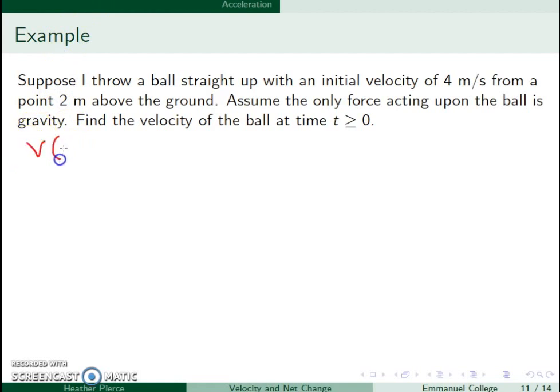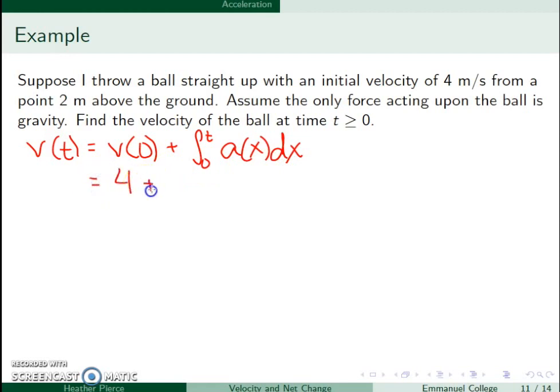So according to the last slide, we have that v of t is equal to v of 0 plus the integral from 0 to t of a(x) dx. We know what the initial velocity was. It's 4. As far as acceleration goes, the only force acting upon this is gravity, and gravity is negative 9.8 meters per second squared.